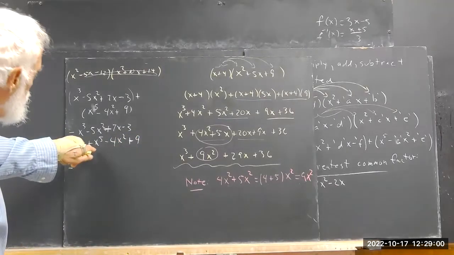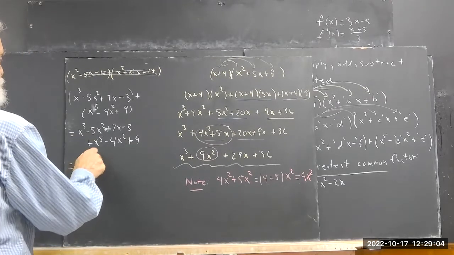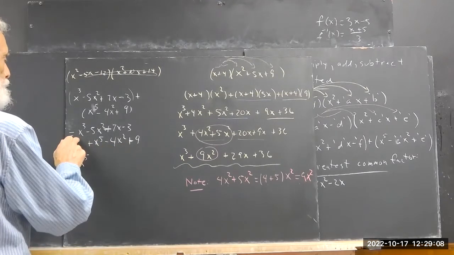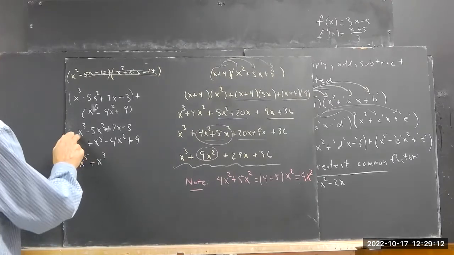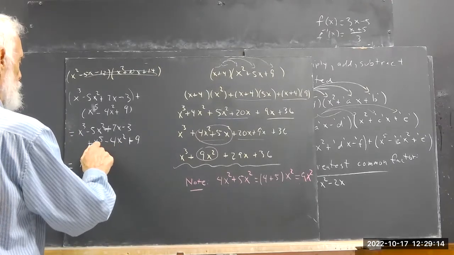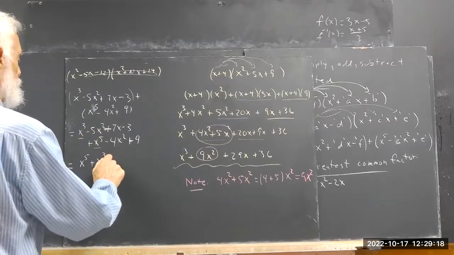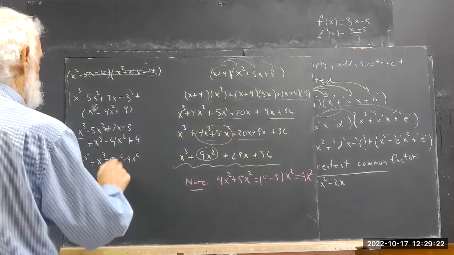Well, let's write our powers in decreasing order. We've got an x to the 5th, and then the next lower power we have is an x cubed. So we've got our x to the 5th, our x cubed, then minus 5x squared minus 4x squared.